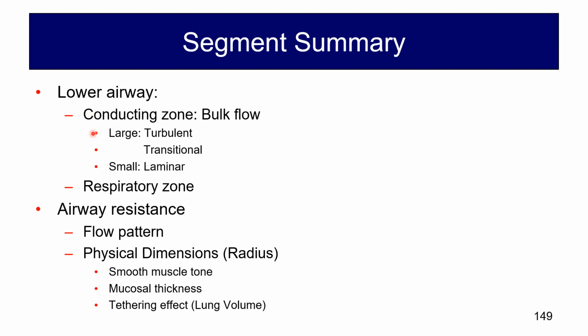In the large airway, it is turbulent, while in the small airway, it is laminar, and somewhere in between, it is transitional. The airway resistance is dependent on the flow pattern and the physical dimensions or the radius, which is dependent on the smooth muscle tone, mucosal thickness, and the tethering effect.